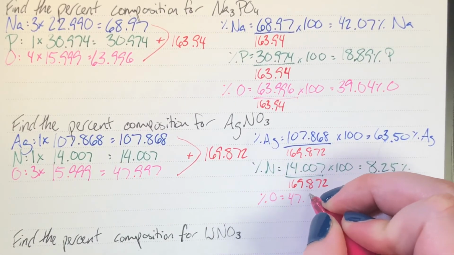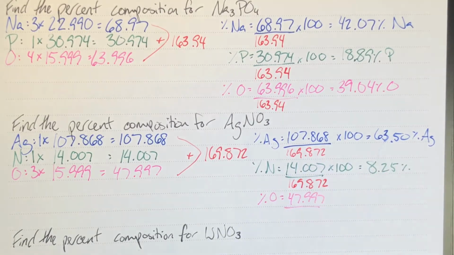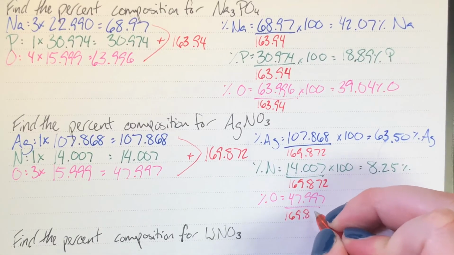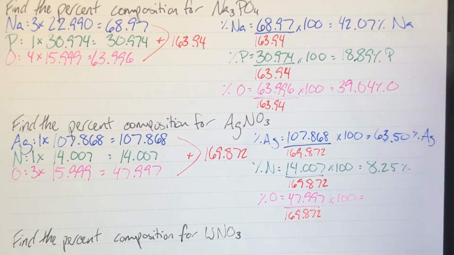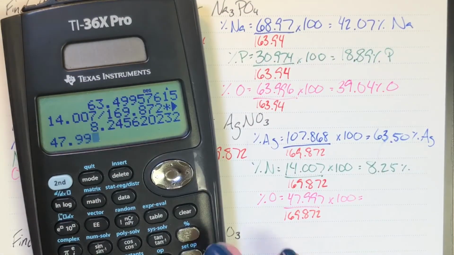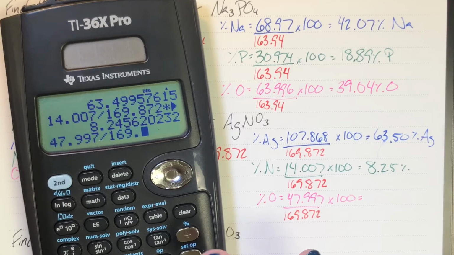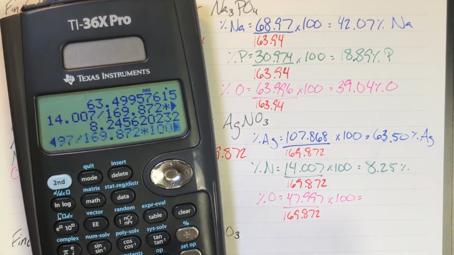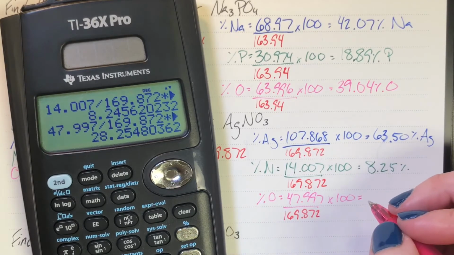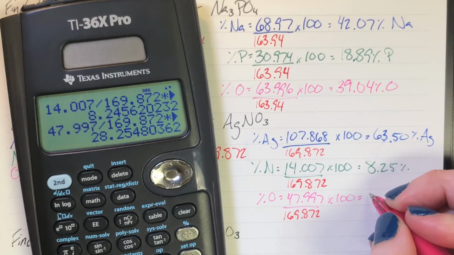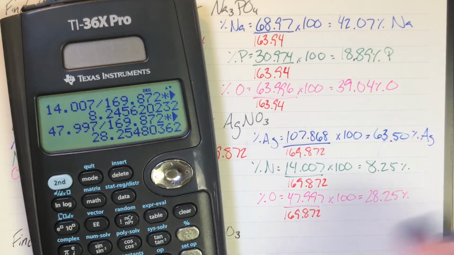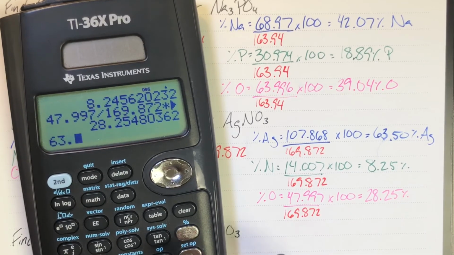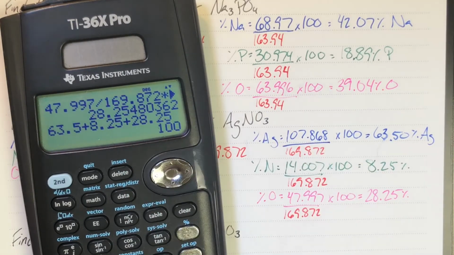So 47.997 divided by 169.872 times 100. That will give me a percentage of 28.25. 4 doesn't make me round up, so percent. And then I can go ahead and add those up. So 63.5 plus 8.25 plus 28.25 gives me a perfect 100.